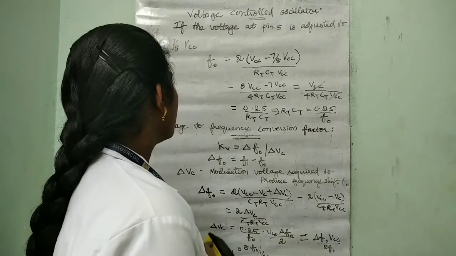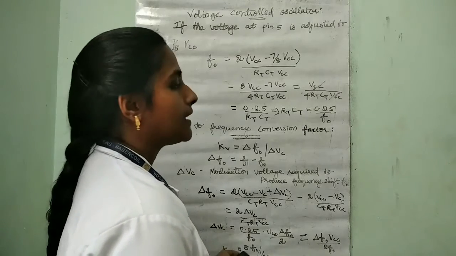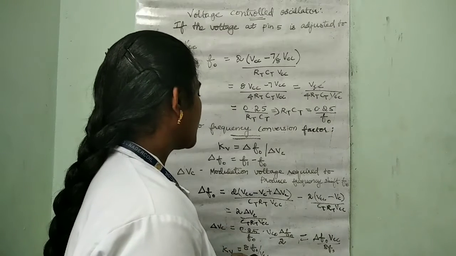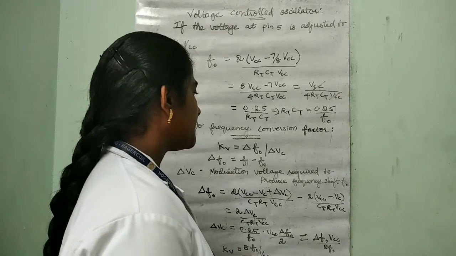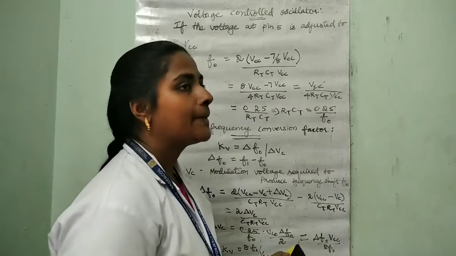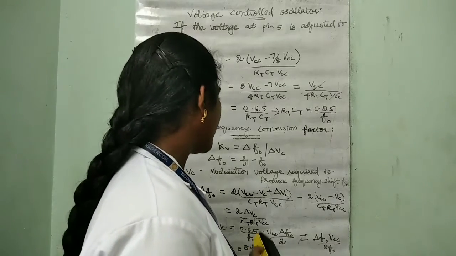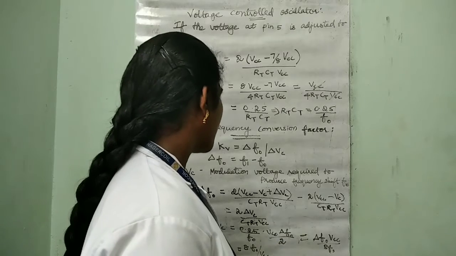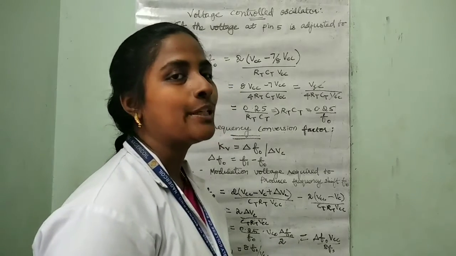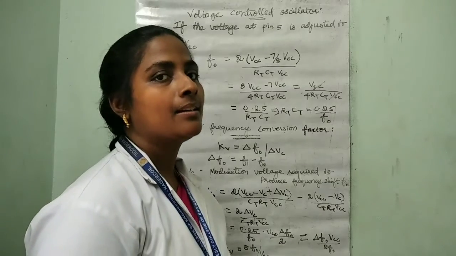So the voltage to frequency conversion factor kV is equal to 8 F0 divided by VCC. Using this formula we have many problems to do. The main formula is kV equals 8 F0 divided by VCC.